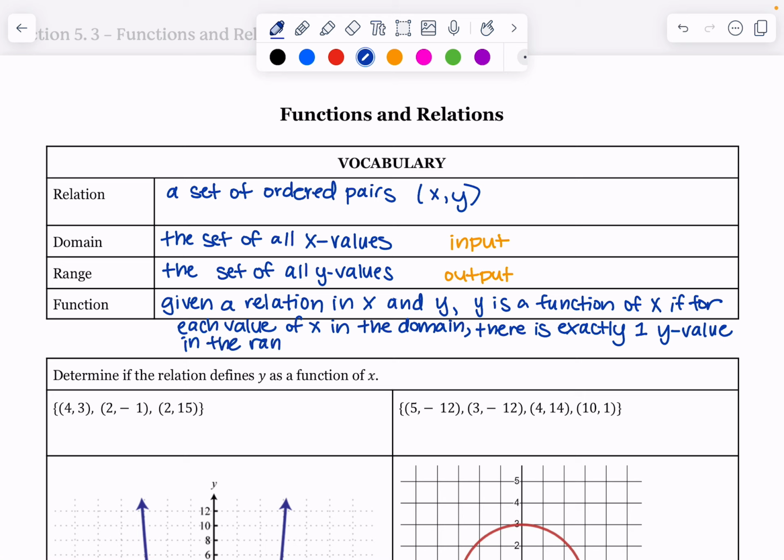Sorry, that really came out of the blue, but every X value has one Y value.